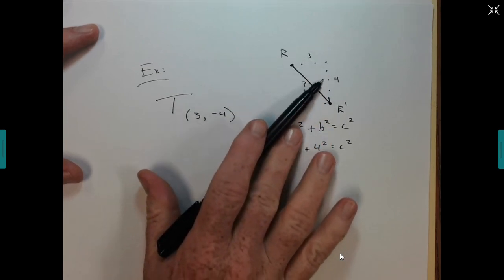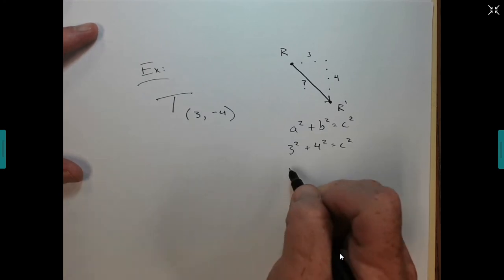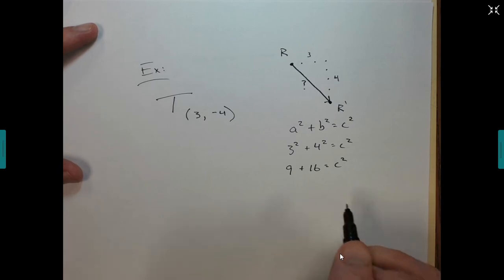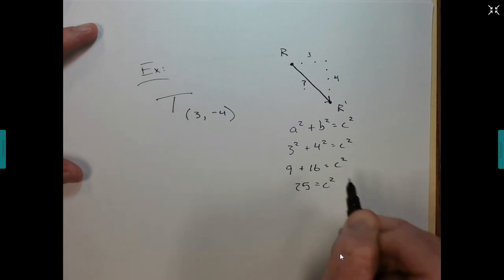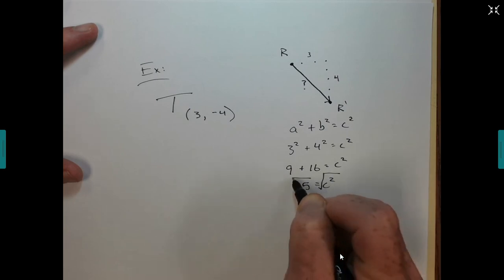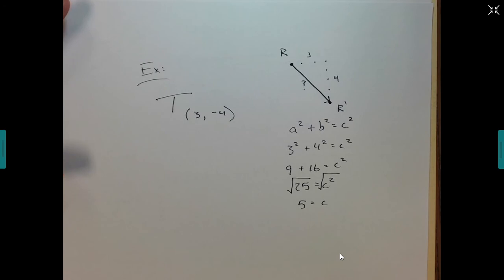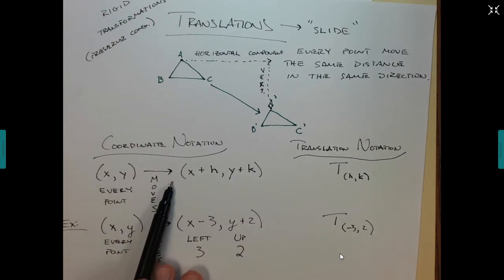We're just looking at it as a triangle where these lengths would both be positive. So 3 squared is 9, 4 squared is 16, 9 plus 16 is 25. And I can't forget to square root both sides, and it turns out that the movement was actually 5 units long.